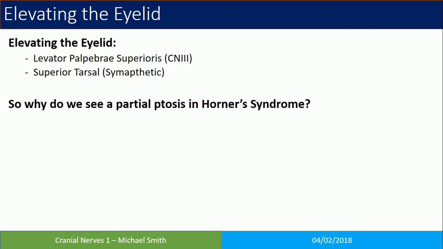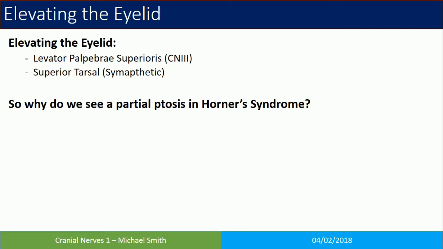We also have some muscles which move the eyelid. For lifting up the eyelid, we have our levator palpebrae superioris, which is controlled by cranial nerve 3, and we have our superior tarsal, which does less of the job, and this is a sympathetic controlled muscle.